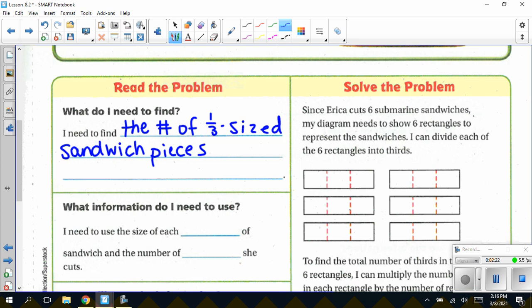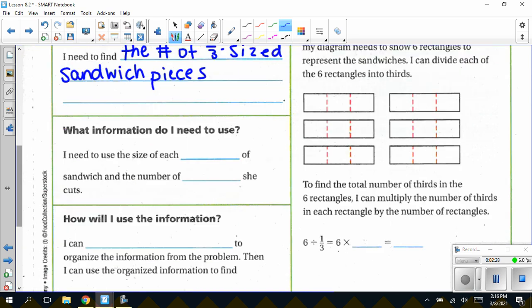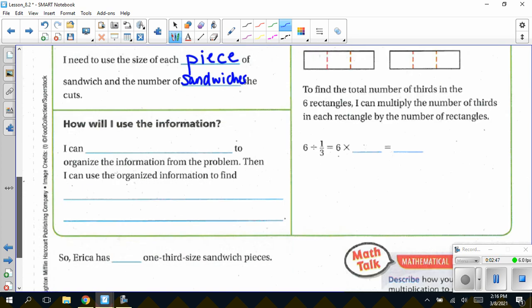Now, what information do I need to use? So I need to make sure I use the size of each piece of sandwich and the number of sandwiches she cuts. And then how will I use the information?